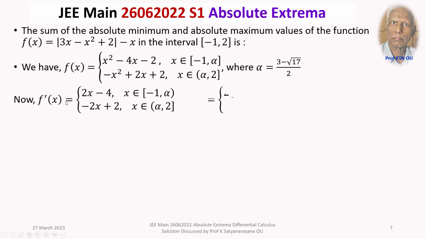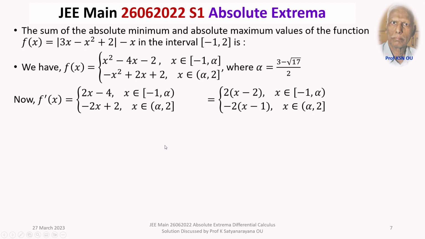F prime x, the first derivative, when x square minus 4x minus 2 is differentiated, will be 2x minus 4 when x belongs to the interval minus 1 to alpha, and the derivative of the other piece is minus 2x plus 2 when x belongs to alpha to 2. That is equal to 2 times x minus 2 for x in minus 1 to alpha, and minus 2 taken common into x minus 1 for x in alpha to 2.